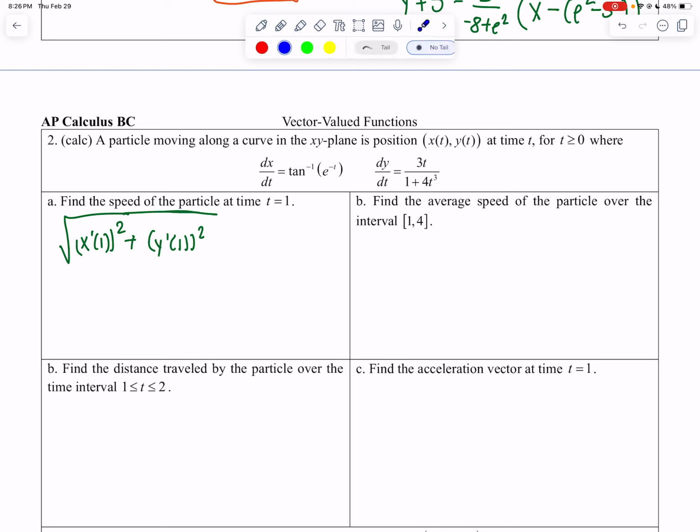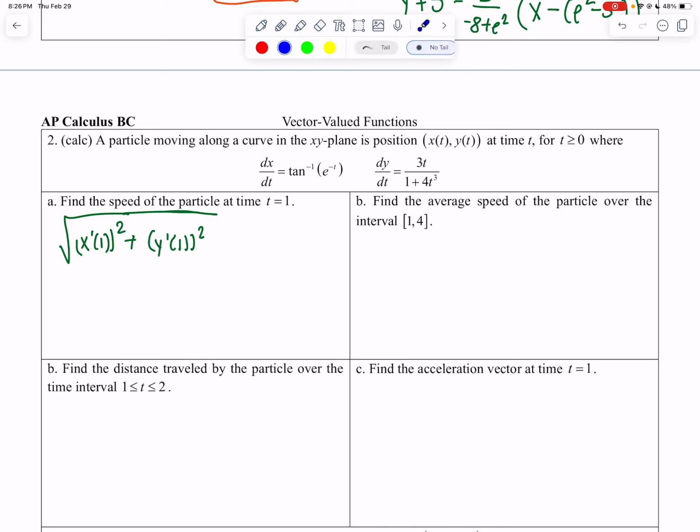Hit enter, and that's going to give you 0.69589 as your speed.